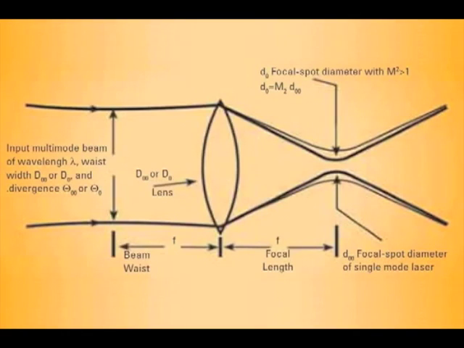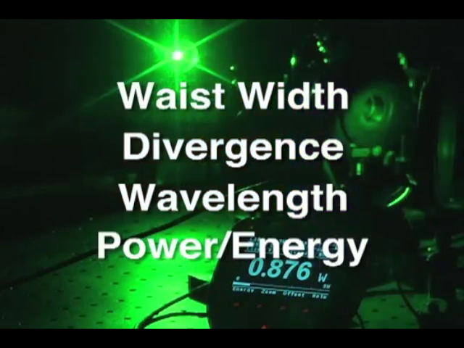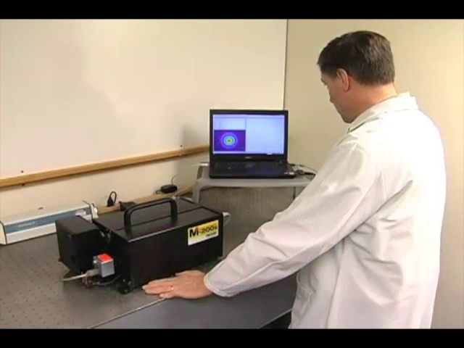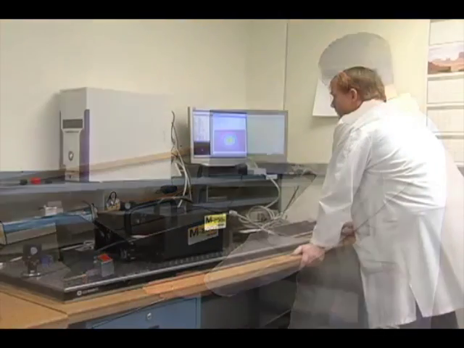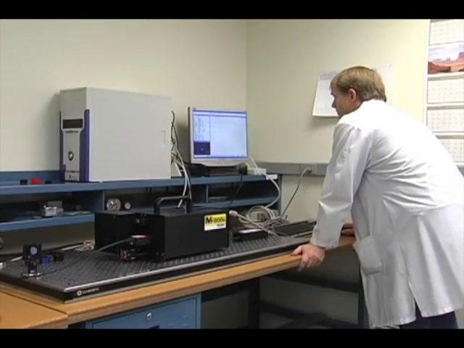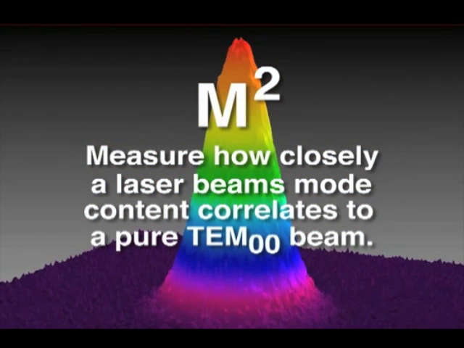Laser beams are defined by 4 fundamental properties: waist width, divergence, wavelength, and power or energy. However, knowing these values makes it complicated to know how one laser may perform compared to another. 2 of these values, waist width and divergence, can be used to calculate m², the measurement indicating how closely a laser beam's mode content correlates to a pure TEM00 beam.